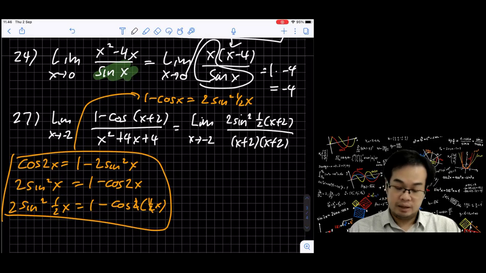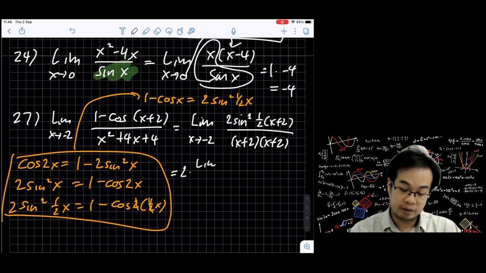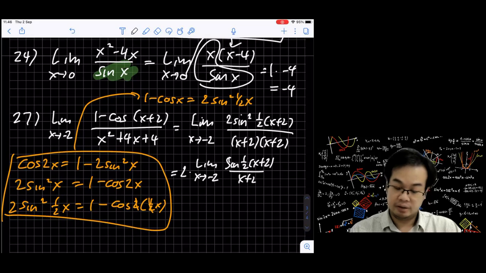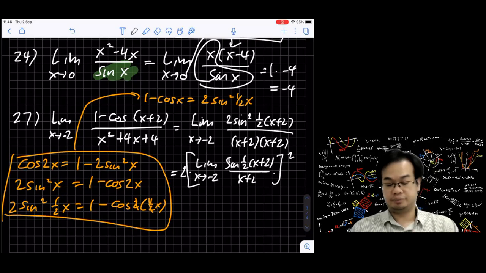Now let me separate the limit. So it's 2 times the limit as x approaches negative 2 of sine of half (x plus 2) over (x plus 2), times the same thing, which is being squared.